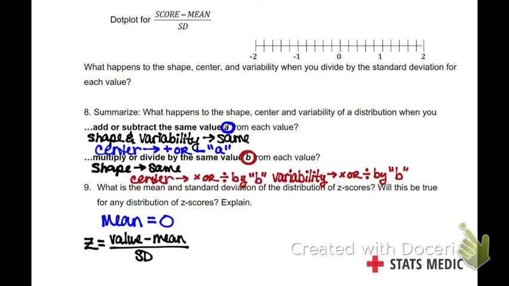When I divide by the standard deviation, what that does is it's going to make the standard deviation of this new distribution that I'm looking at, with the same shape, equal to 1. My standard deviation is going to become 1 in this shifted distribution.